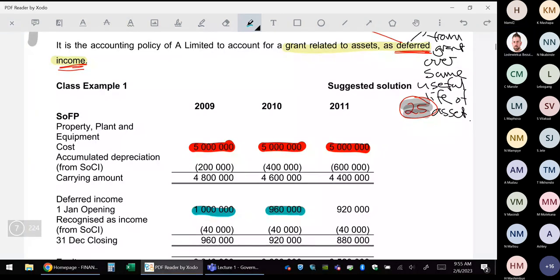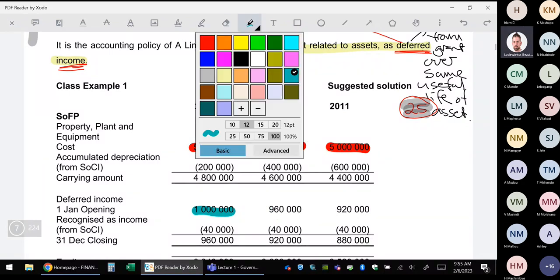Okay, just change that. Sorry, that's the deferred account.